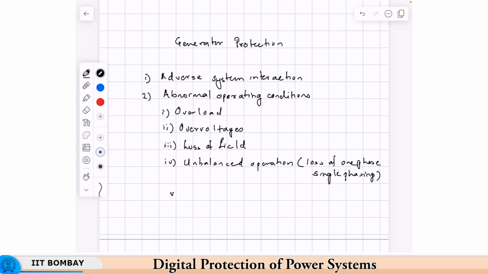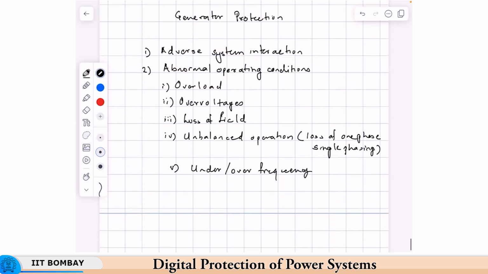Then low frequency or under frequency or over frequency. So, we will classify it under one head only. So, one more is loss of prime mover power.